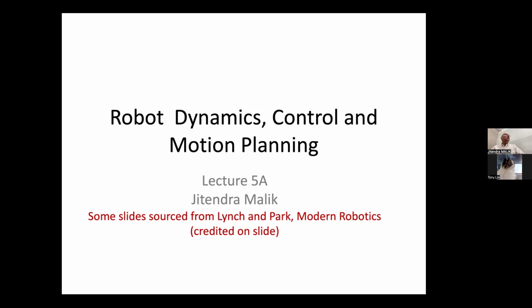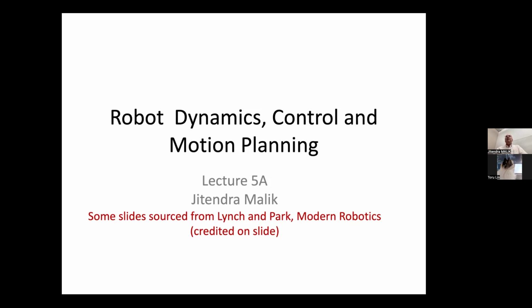Okay, so today this is lecture 5A, and this is going to be on essentially stuff from classical robotics that everybody should know. I'm going to divide this up into three segments: robot dynamics, control, and motion planning.